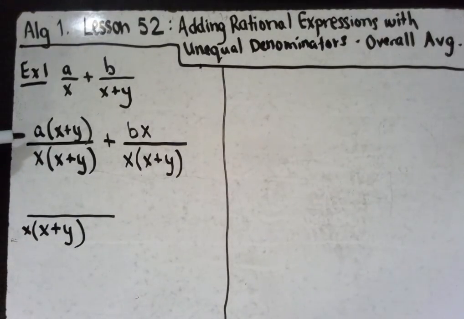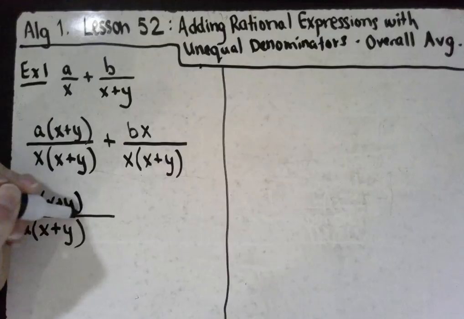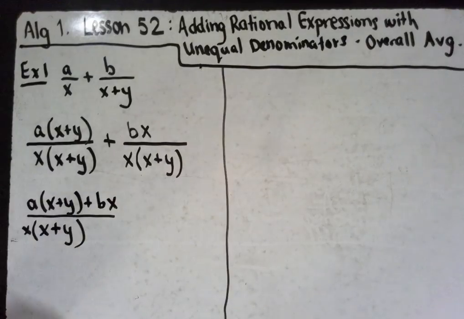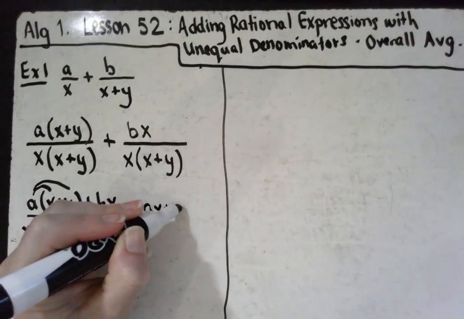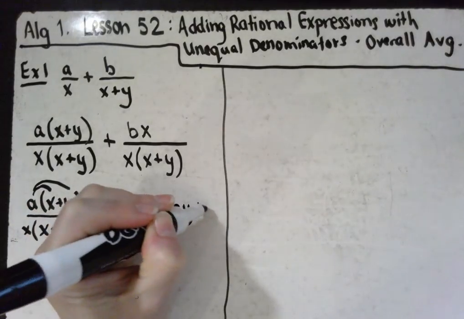And then the top, I would have a times x plus y plus bx. Now, I could simplify this. There are a lot of different ways I could show this answer. One way would be to use the distributive property on the top, and I would get ax plus ay plus bx.